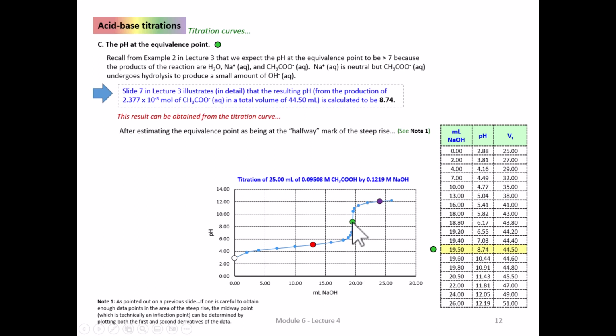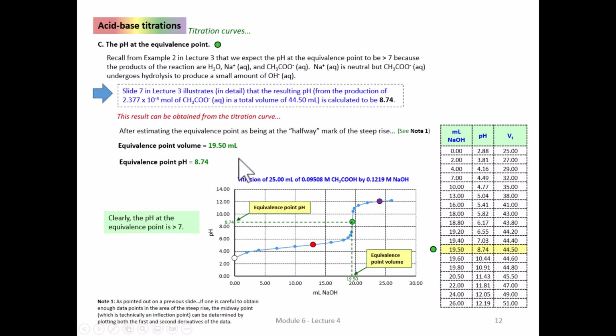For now, we're doing it by eye. The equivalence point volume would be the volume of NaOH at that point in the titration, and the equivalence point pH, of course, would be the pH at the equivalence point. Clearly, the pH at the equivalence point is greater than 7.